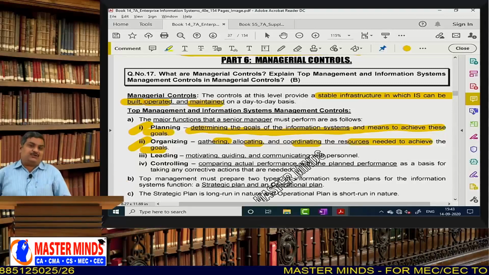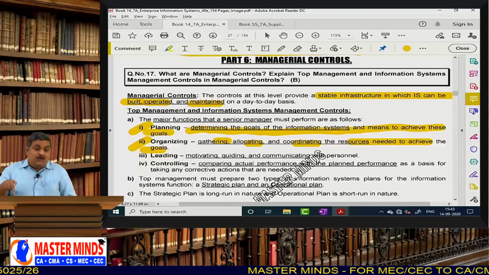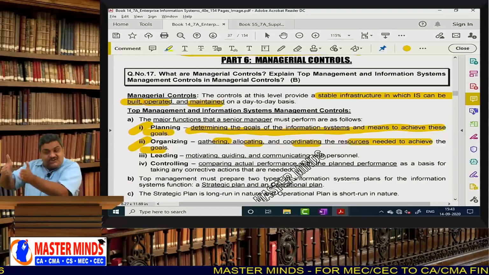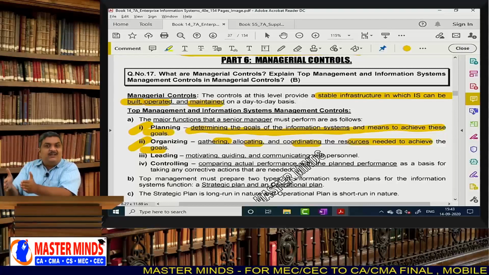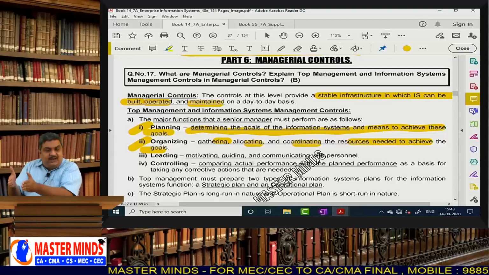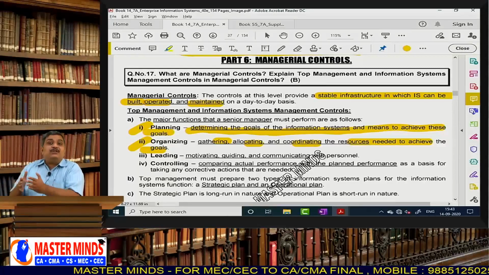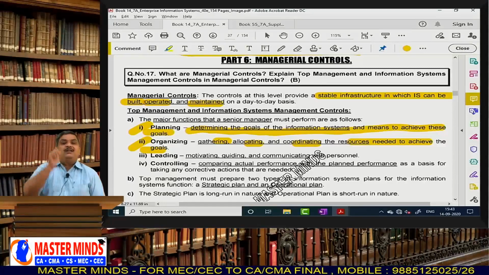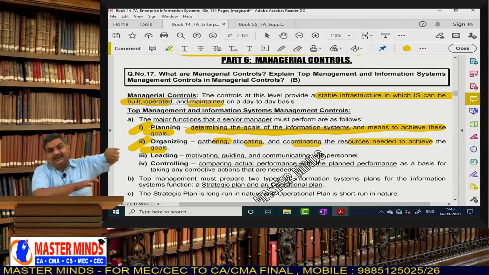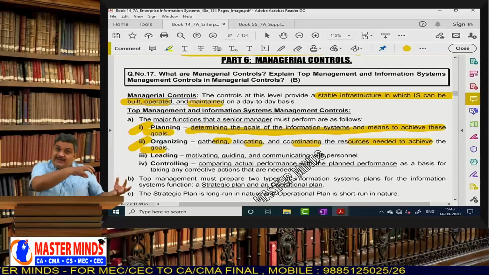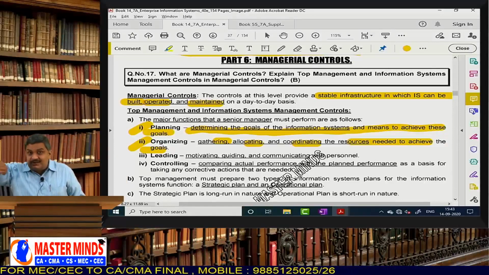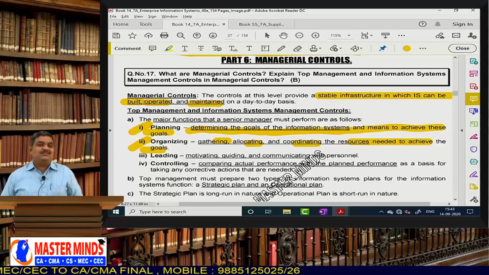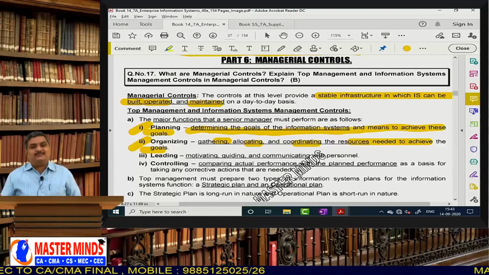So now we have a separate system, a separate software, separate hardware, separate data, separate people to give information to the top level management for decision making. So that is different and this is different. Of course, we will take data from these transactional systems only, but we will process it separately.